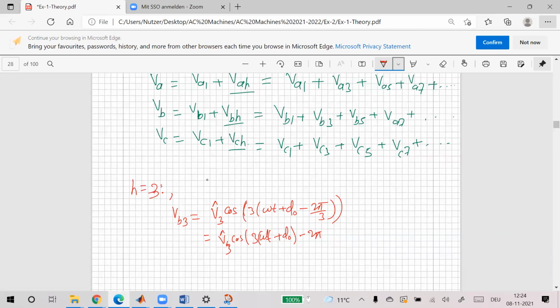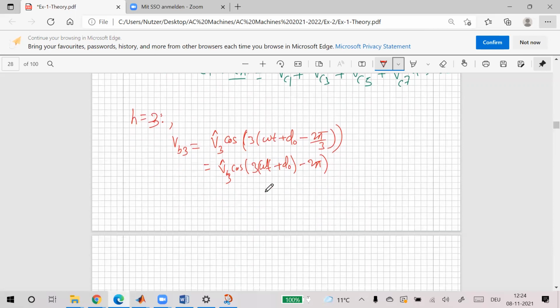This is interesting now. So it's 2 pi by 3, this gets 2 pi, and this is 0, 128, 240, and then it is 0. So we can see this as a 0.